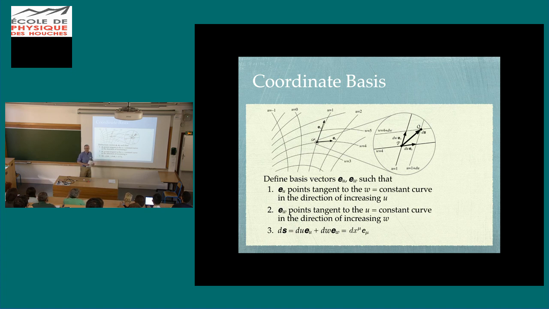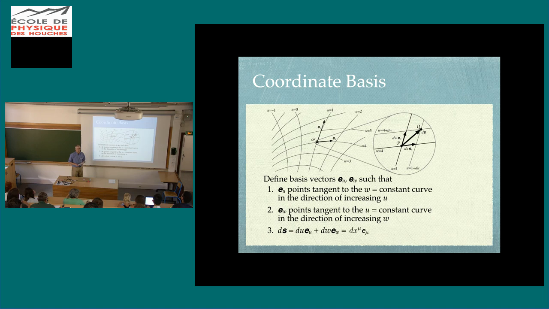And you could always make that definition. And similarly, the component in the displacement in the w direction is just dw, so that we can write this kind of an expression. This is what we call a coordinate basis.